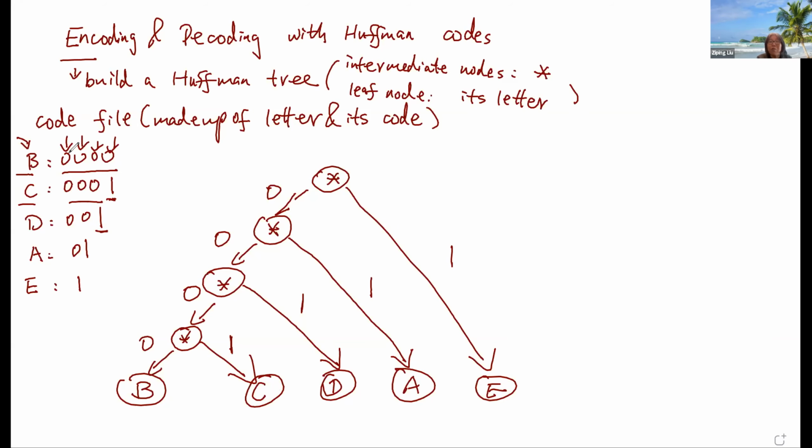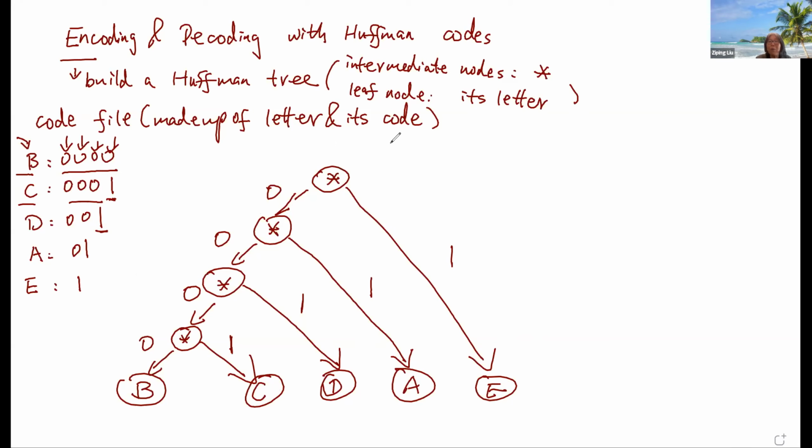So you just read the code and follow it. If it's 0, then you go to the left. If it's 1, you go to the right. If it doesn't exist, then you add the node. When it reaches the end, you add that letter.